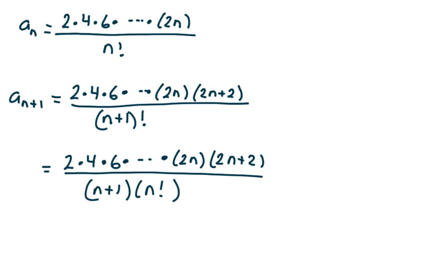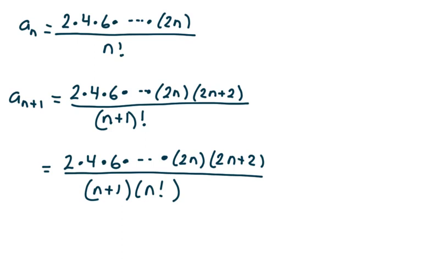Now, a sub n plus 1 is 2 times 4 times 6 times ... times 2n times 2n plus 2 over n plus 1 factorial. But we can write this as 2 times 4 times 6 times ... times 2n times 2n plus 2 over n plus 1 times n factorial.